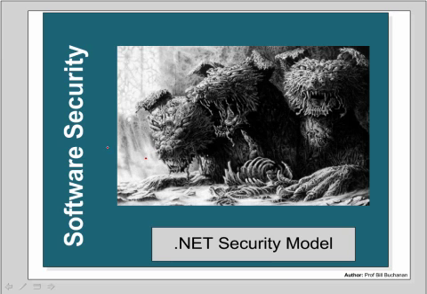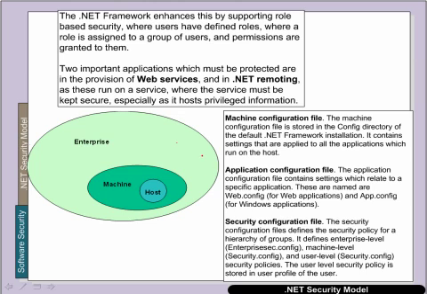So let's have a look at the .NET security model. It is built around a hierarchical infrastructure where we have a global enterprise security policy, then we have a machine policy, and then eventually we have one built around the user. With this we have XML files which define each of these.